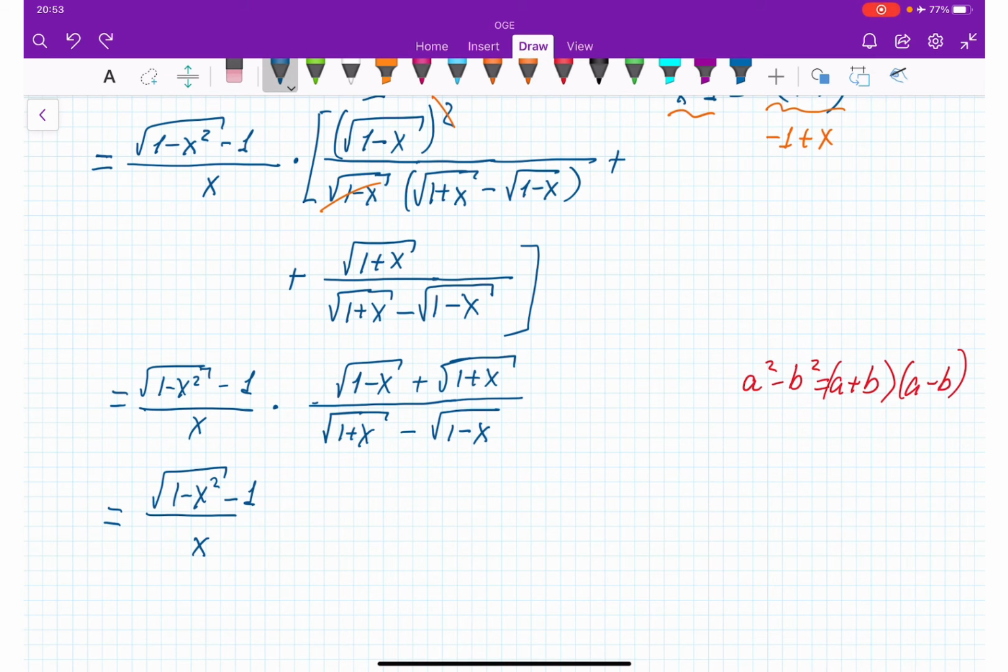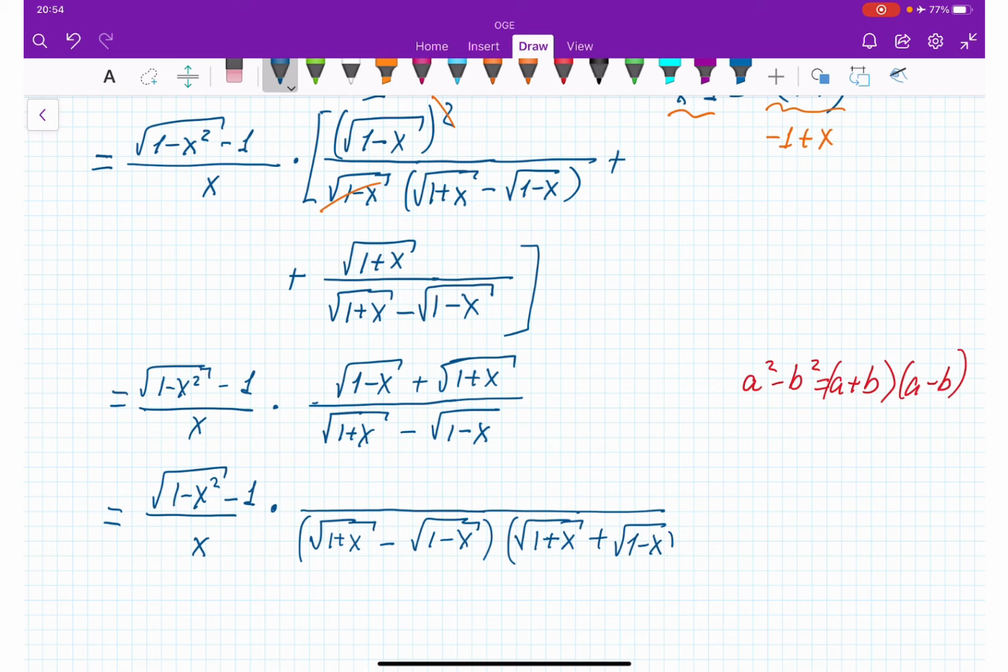So, times, I'm going to do square root of 1 plus x minus square root of 1 minus x, and I'm going to multiply by square root of 1 plus x plus square root of 1 minus x.